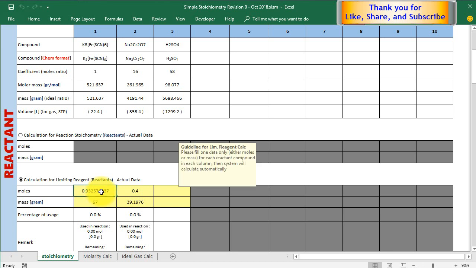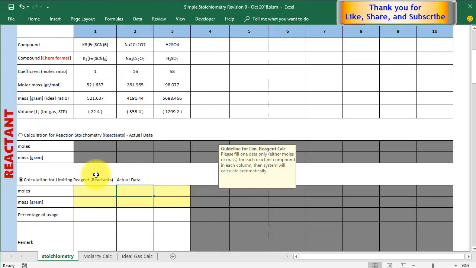It wasn't deleted. Okay, we delete first. There are 3 reactants. Okay, we try this: 1 mole, 16, and 58. 58 moles. Okay, enter.